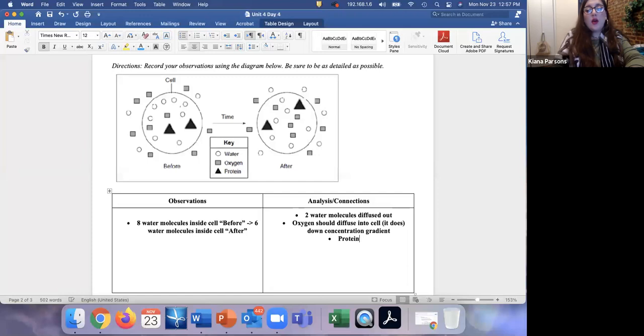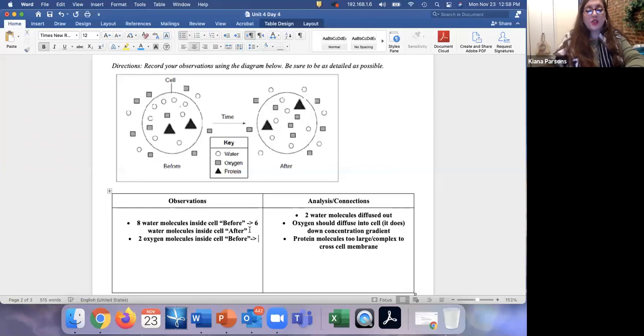Protein molecules are too large and complex to cross the cell membrane. So now here you can count them out. 2 oxygen molecules inside the cell before.